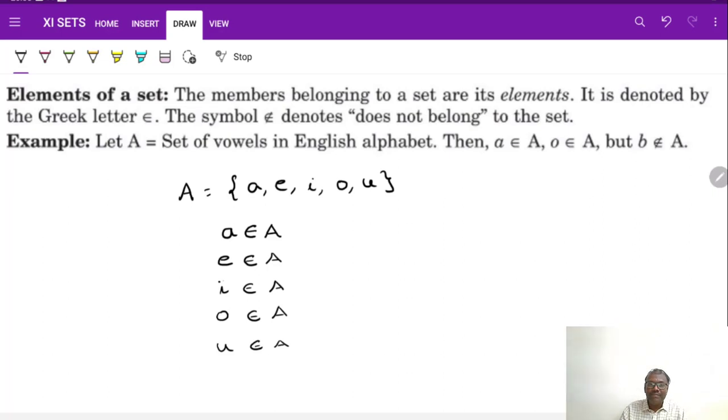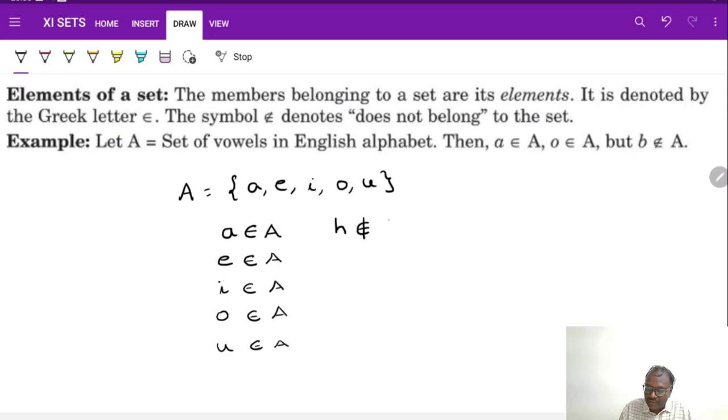But apart from these five elements, if you are talking about any other element which is not in this collection, then you write it with the does not belong to symbol. For example, if I write H, H is not a member of this set. So how do I represent it? I put an epsilon symbol with a slash.